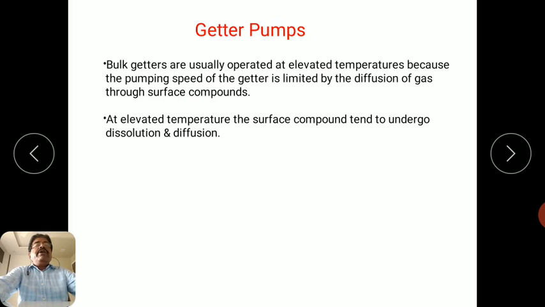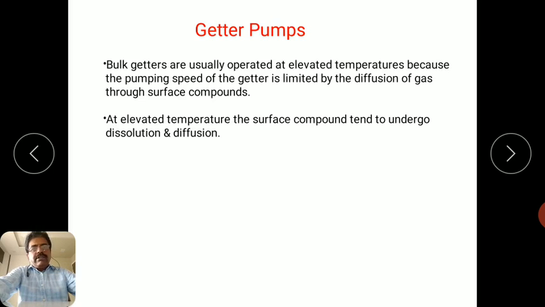It can be avoided by keeping the bulk getter at a certain elevated temperature. So what will happen if you have elevated temperature? At this elevated temperature, the surface compound tends to undergo dissolution and diffusion.